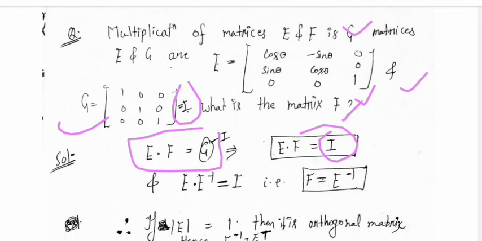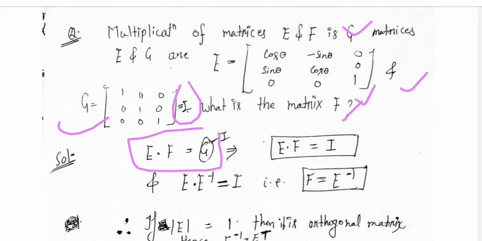Now we can easily say that E dot E inverse is equal to I, meaning F equals E inverse. Yes, this is possible. So F equals E inverse. Now the matrix F is the inverse of E.